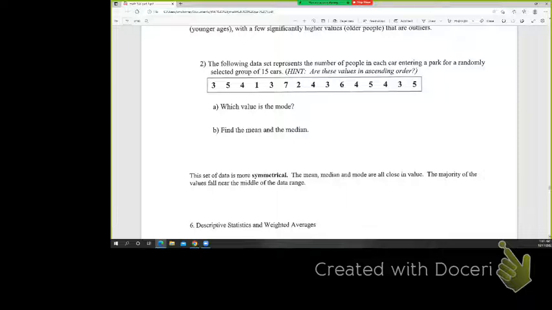So in number 2, you could find the mode just by looking, if you're careful. You could find the mean, but please be sure before you find the median that you put them in order or that you keep track. When I worked through this one, I didn't rewrite, and then I was like, I should have just rewritten.